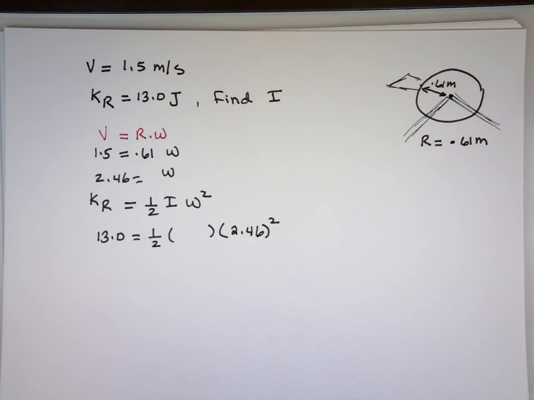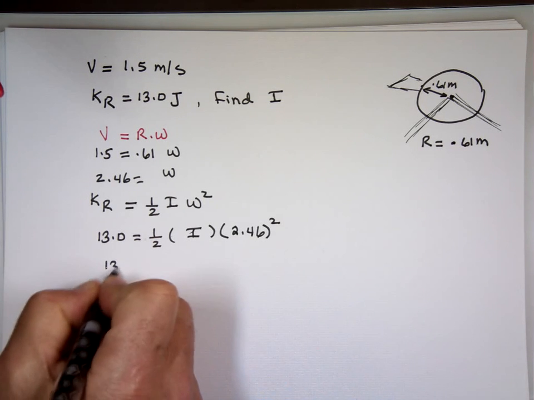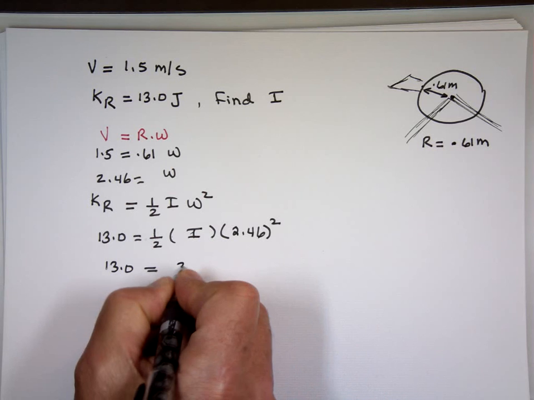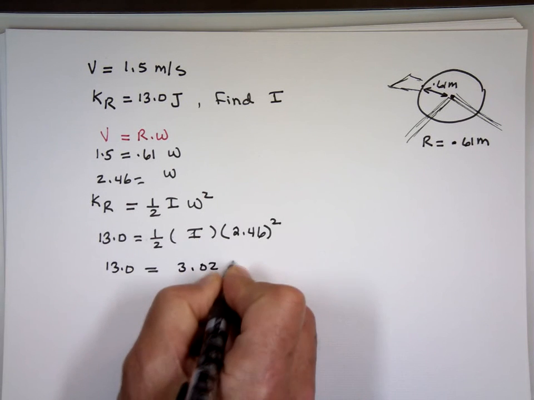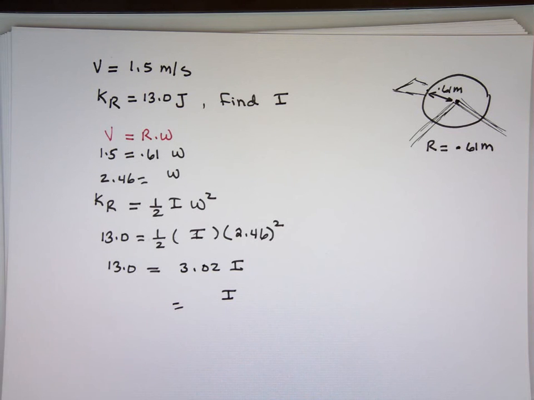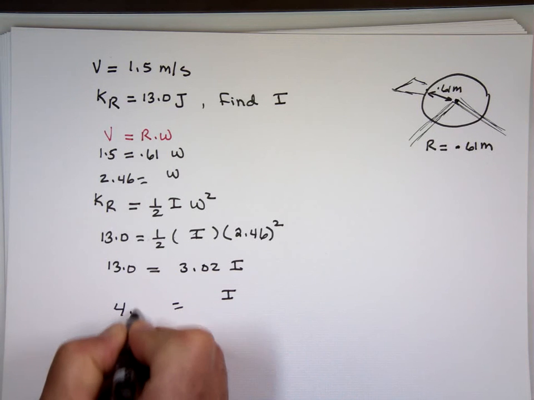Can we find I now? How many unknowns do you have there? One unknown. 13.0 equals 2.46 squared, then times 0.5, that's the half. We have 3.02 times I. And what's the inertia equal to? 13 divided by that number. 4.30.